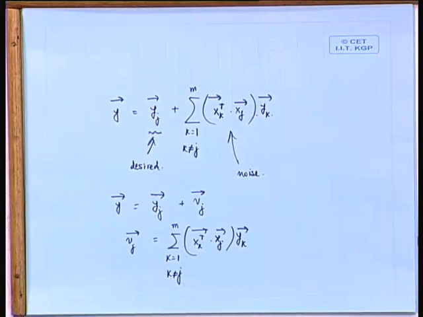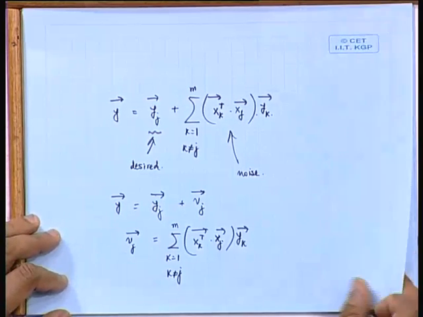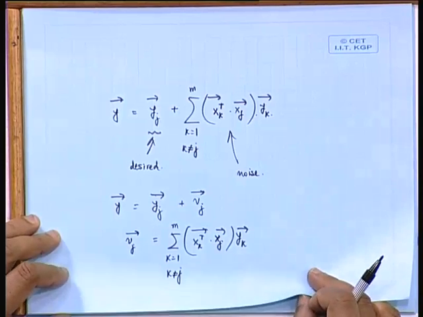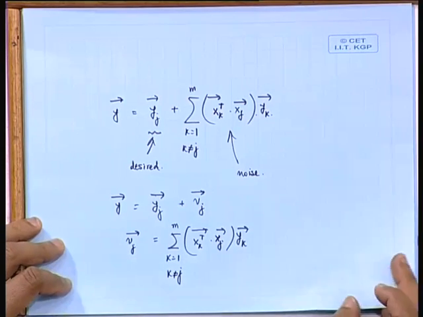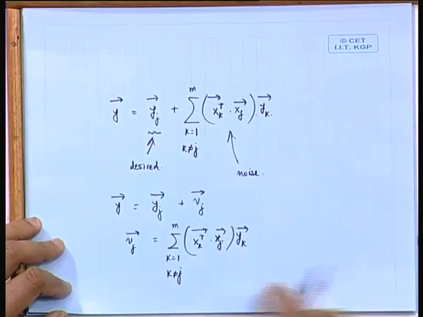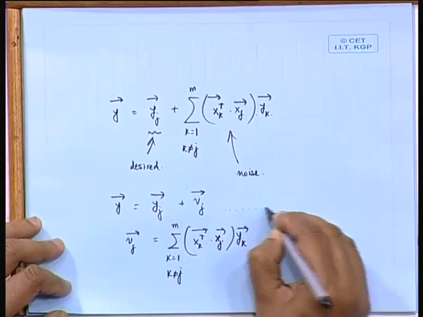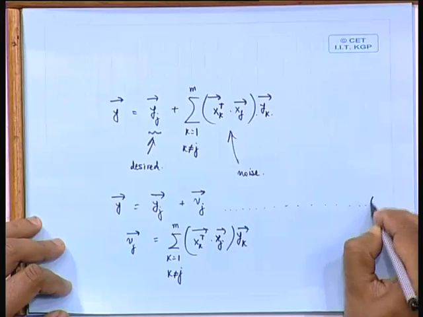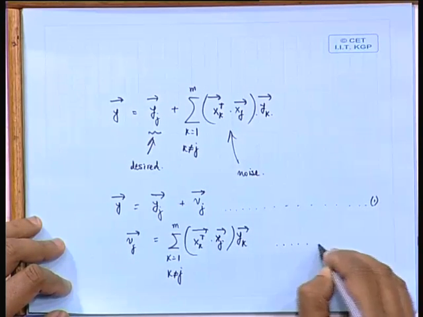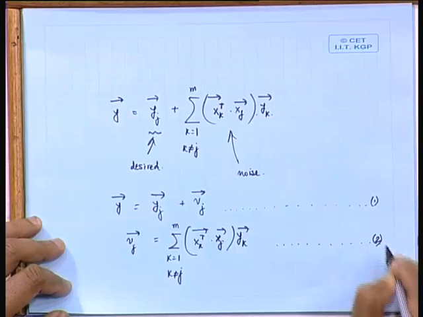All right. Now, we can define the cosine of the angle between two vectors xk and xj as follows. Okay. Let us remember this expression. Okay. So, we can call this equation number 1 and call this equation number 2.